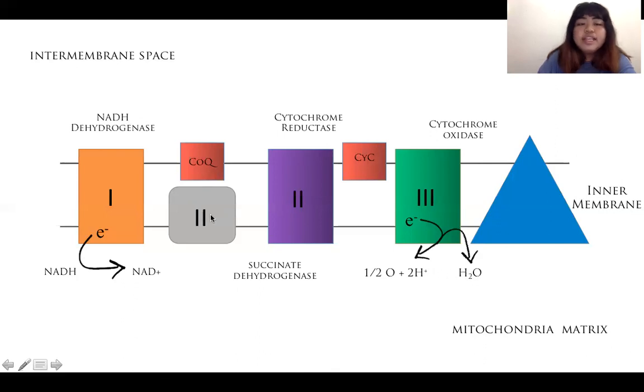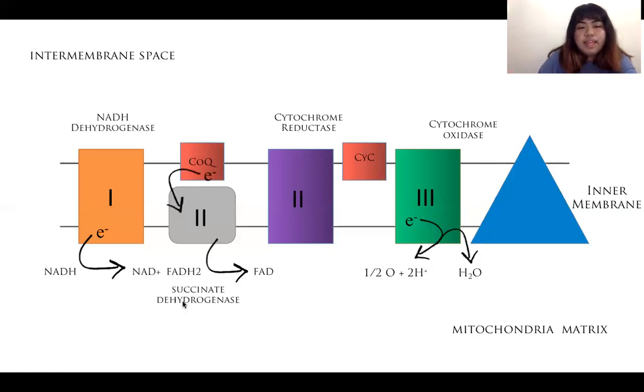Going back to the second complex, it is named succinate dehydrogenase. It's a dehydrogenase, so it's an enzyme that will catalyze the removal of hydrogen in succinate, converting it to fumarate. That's why here, FADH2 is converted to FAD.